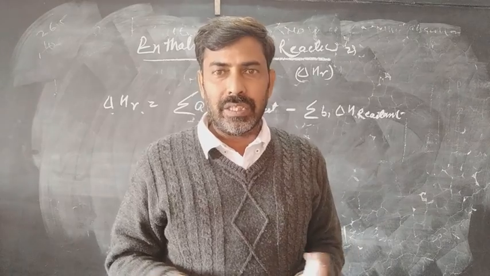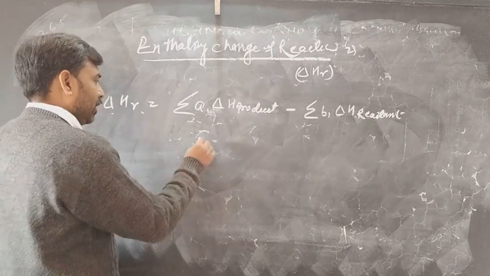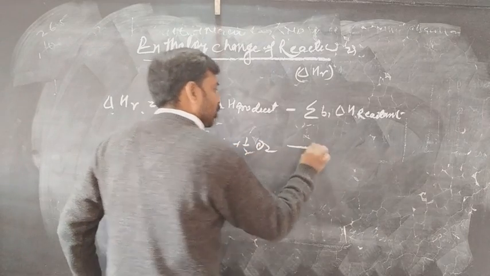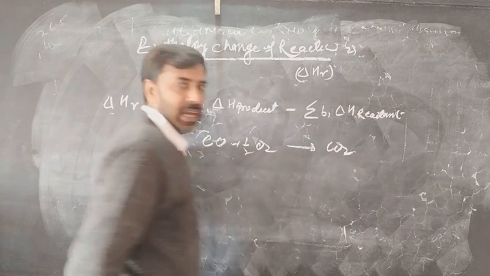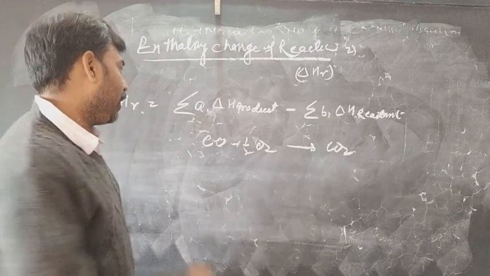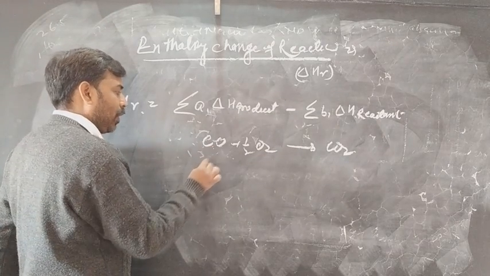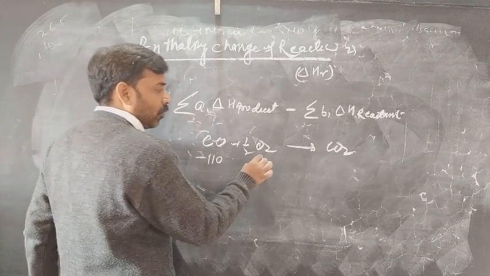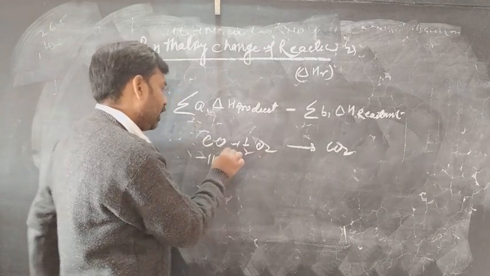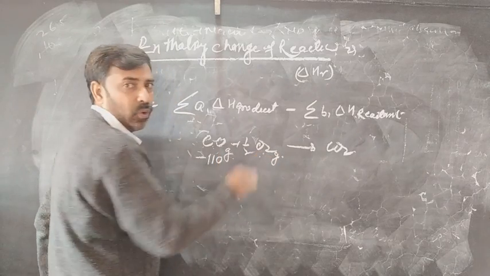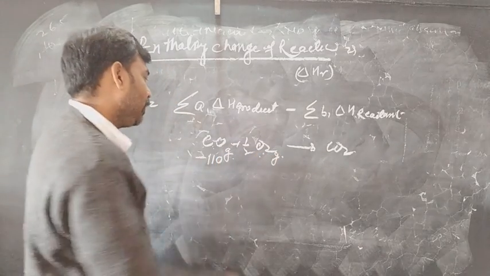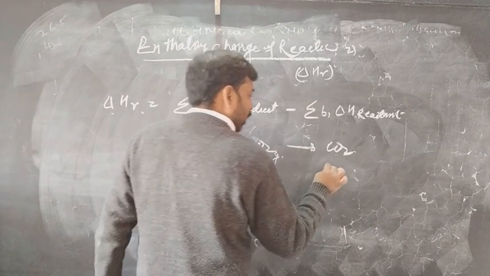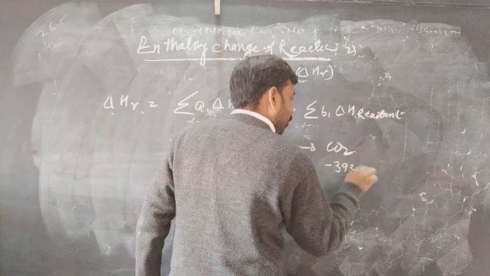If you take the example CO plus half O2 gives CO2, and the enthalpy of formation of carbon monoxide is negative 110, for O2, which is a gaseous system and a homoatomic molecule, the enthalpy of formation will be 0, and for CO2 it is minus 393.5.